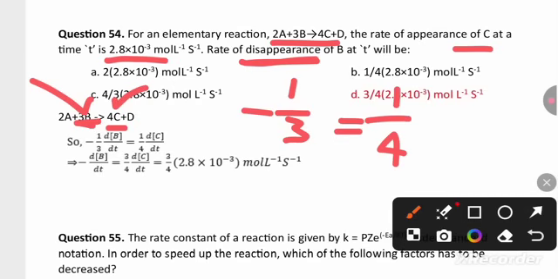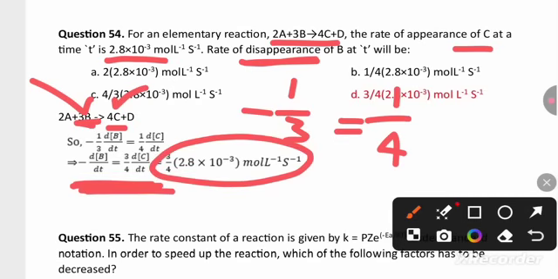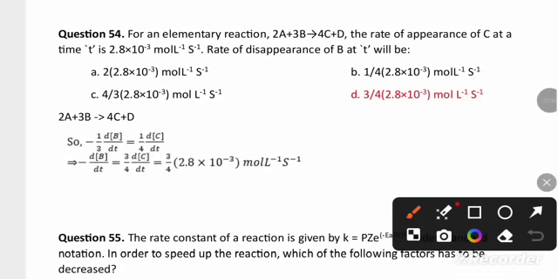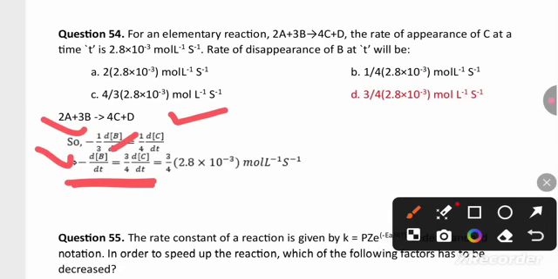Substituting both, minus dB by dt is equal to 3 divided by 4 dC by dt. So when you calculate, you will get 3 by 4 into 2.8 into 10 to the power of minus 3 mole per liter per second.